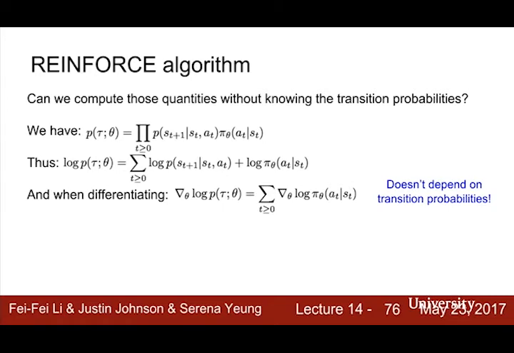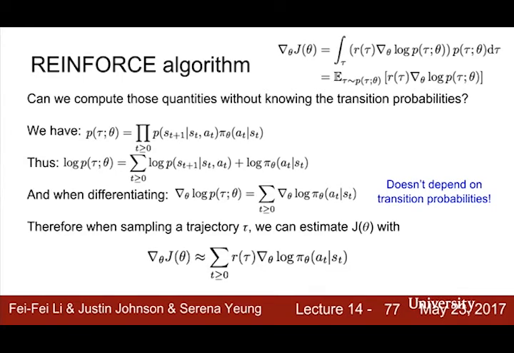So we actually don't need to know our transition probabilities in order to compute our gradient estimate. And so therefore, when we're sampling, for any given trajectory tau, we can estimate the gradient of J of theta using this gradient estimate. This is shown here for a single trajectory from what we had earlier. And then we can also sample over multiple trajectories to get the expectation.